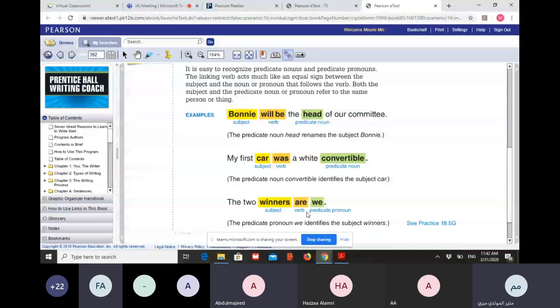In the third example, as you see on your screen, the two winners are we. After the linking verb, we don't have a noun here. We have rather a pronoun. This pronoun also identifies the subject winners. So it is a predicate pronoun and not a predicate noun. Is it clear now?